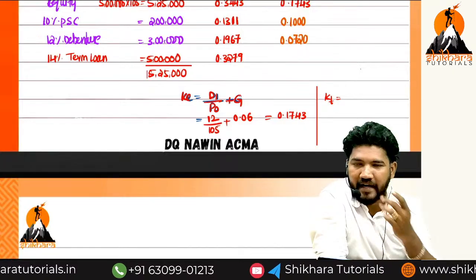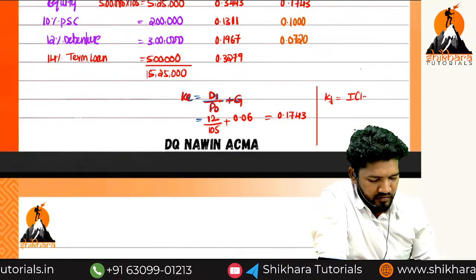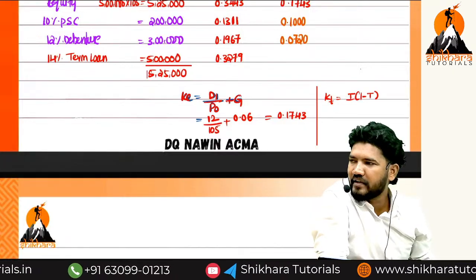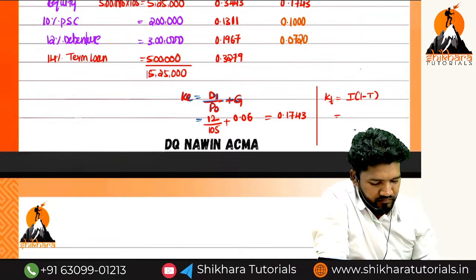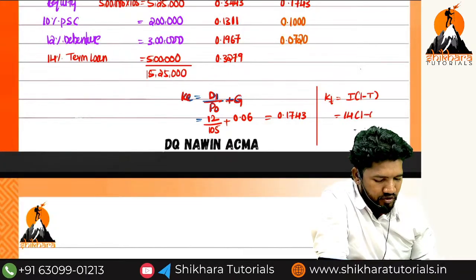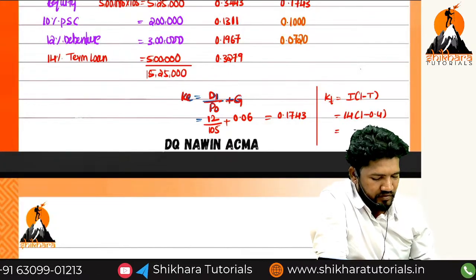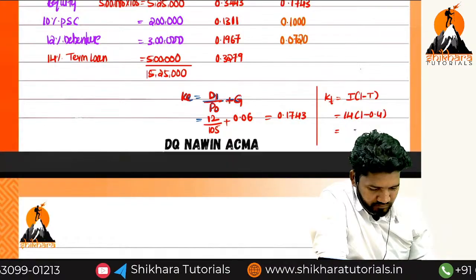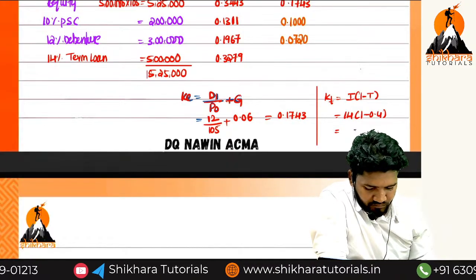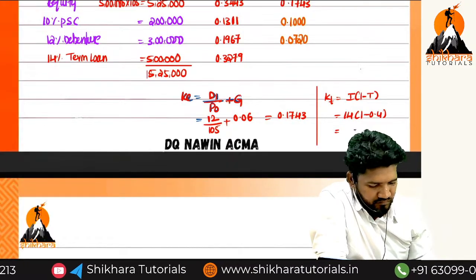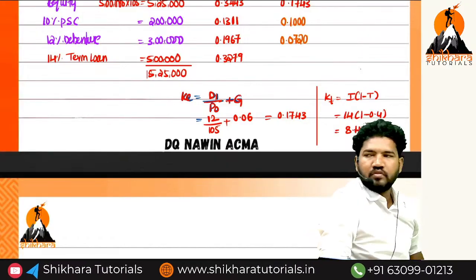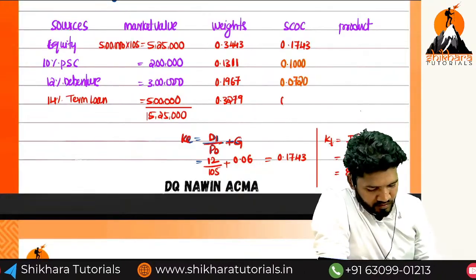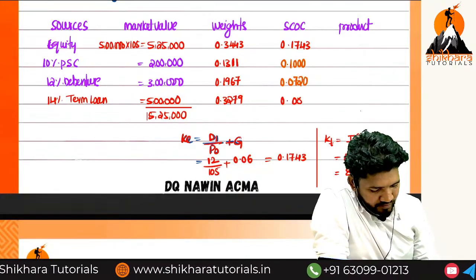What is the formula for KT? Interest into 1 minus tax directly. Now what about the interest, ma? 14 into 1 minus 0.4. Answer? 8.4, that is 0.084.